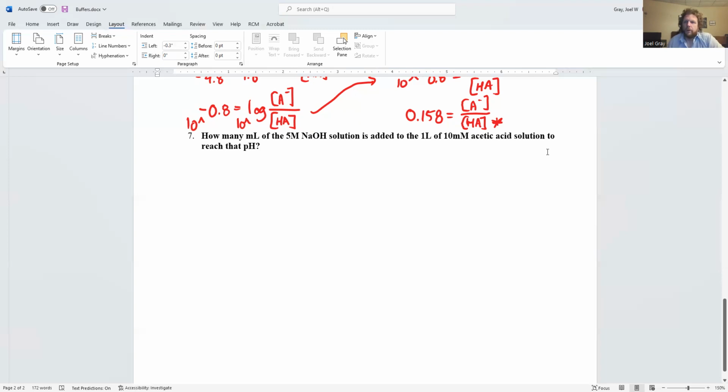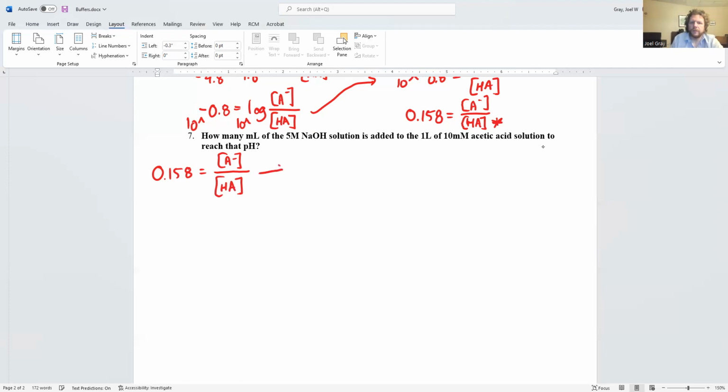Now we have to use that ratio, 0.158, to figure out how much of each component is present. The first thing I want to do is write out 0.158 is equal to deprotonated over protonated.